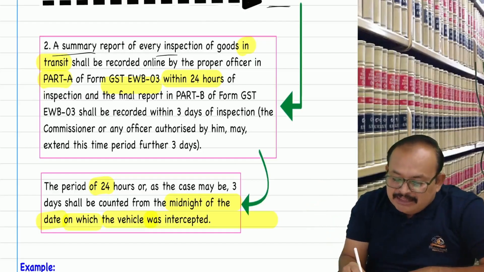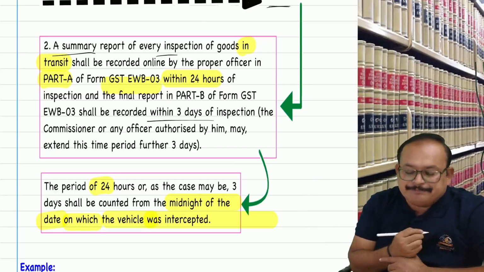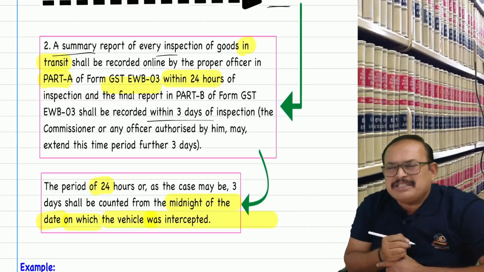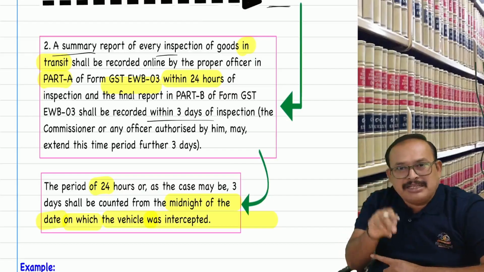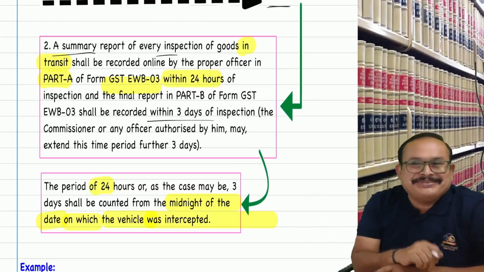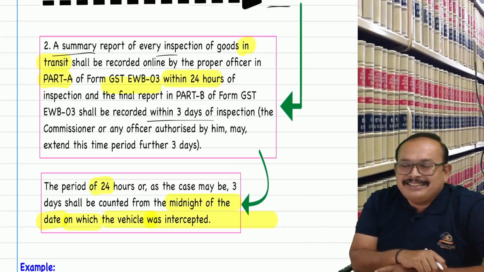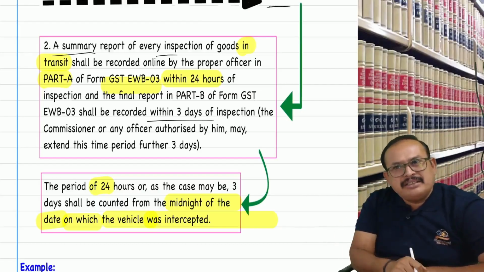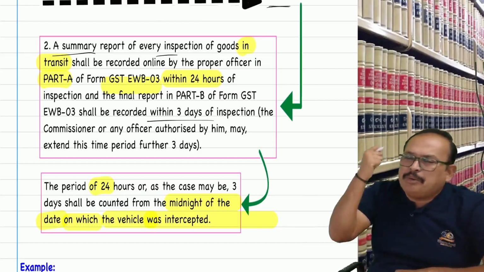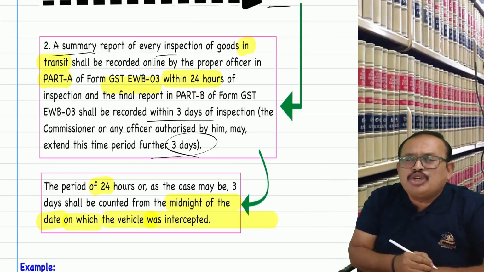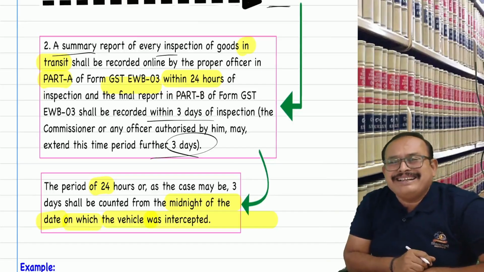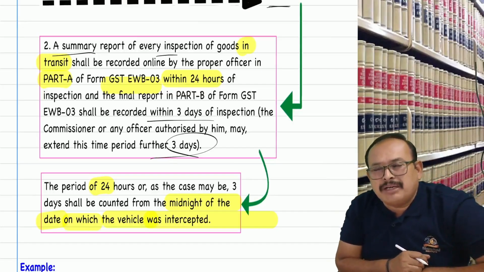EWB 03 within 3 days of inspection, counted from the day on which inspection took place, from that day's midnight onwards. If the 3 days are not sufficient, the commissioner is empowered to grant a further 3 days to upload the final summary in EWB 03 Part B.